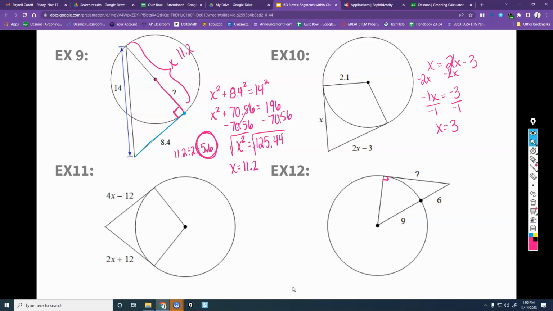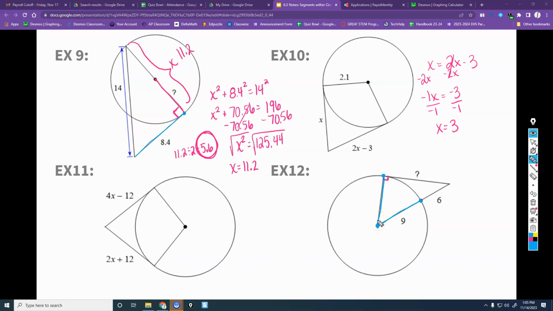Somebody know? We do have a central angle, but we don't have to do anything with an angle there. What is this right here? A radius. What is this right here? Also a radius.